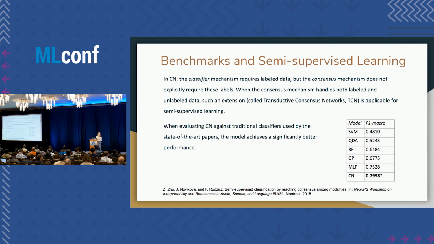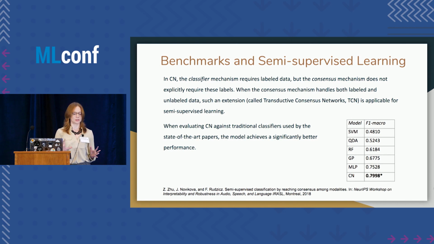What else is interesting and important about this model? It is possible to use it in semi-supervised settings. Why? Because it consists of the consensus mechanism in addition to the classifier. Obviously the classifier needs some labeled data in order to classify, but the consensus mechanism does not need any labeled data.